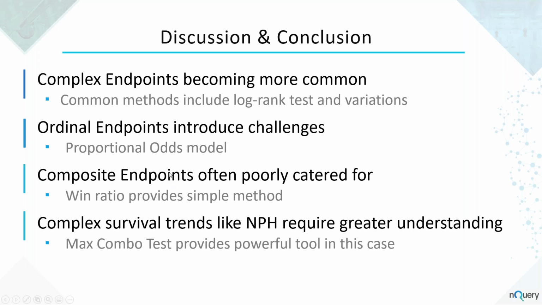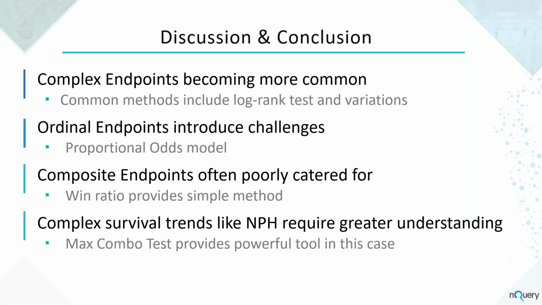The main one for ordinal endpoints, I suppose, was an inadequate analysis of these types of endpoints by researchers, or indeed just ignoring the underlying structure of those endpoints and using some approximations or assumptions in order to map them onto what some researchers might be more familiar with.